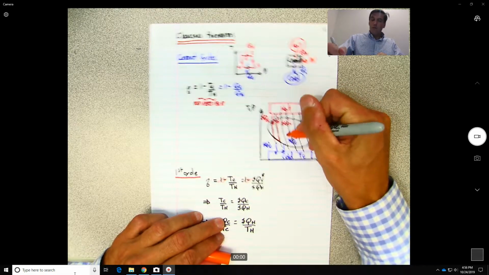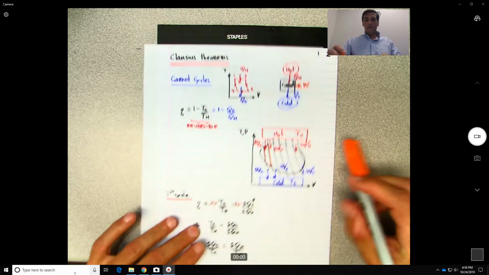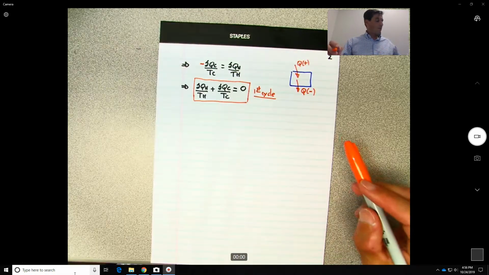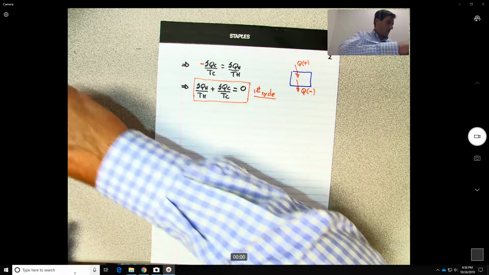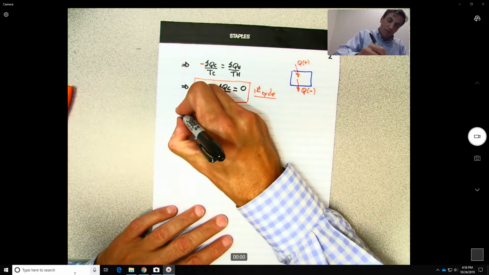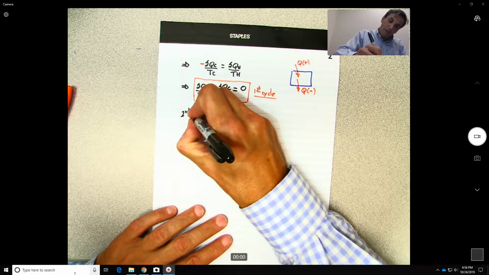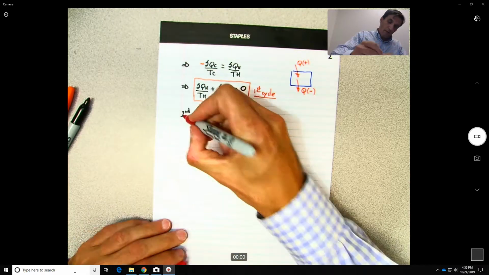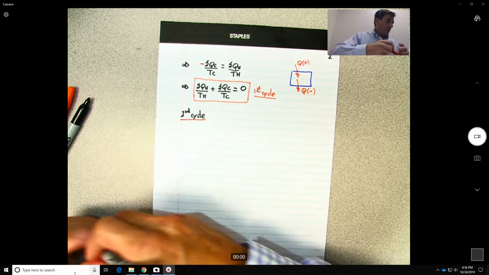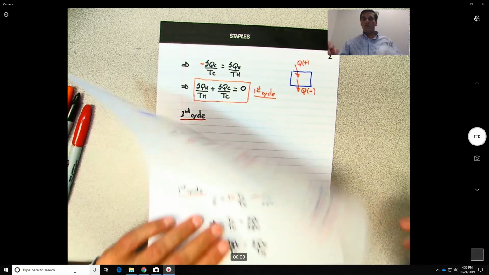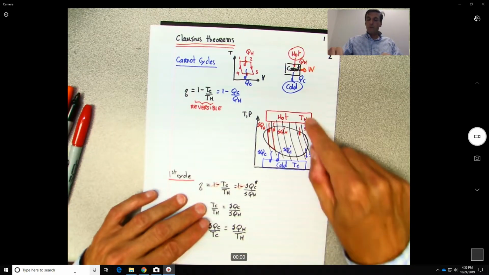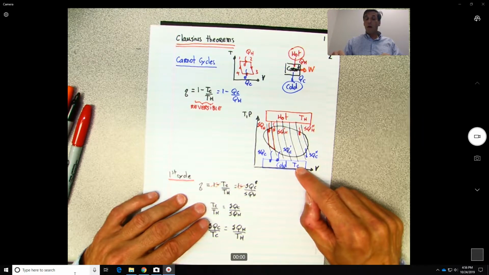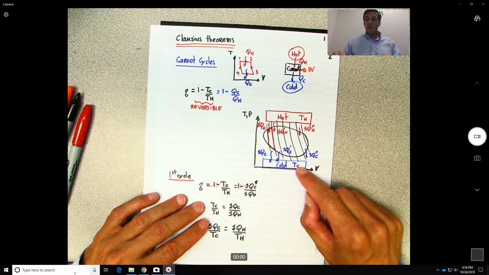Now let's see what happens for the second cycle, the one with the prime. Basically we have exactly the same thing. Since all the Carnot cycles operate between the same temperature reservoirs, they all have the same efficiency according to the second Carnot principle.